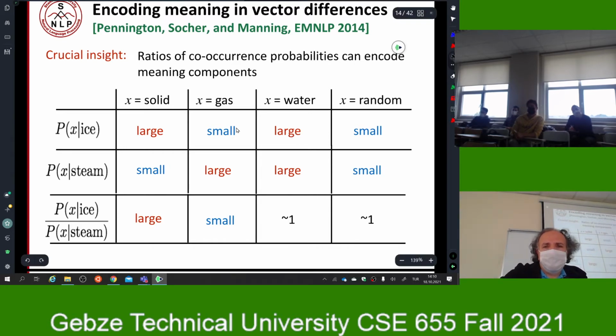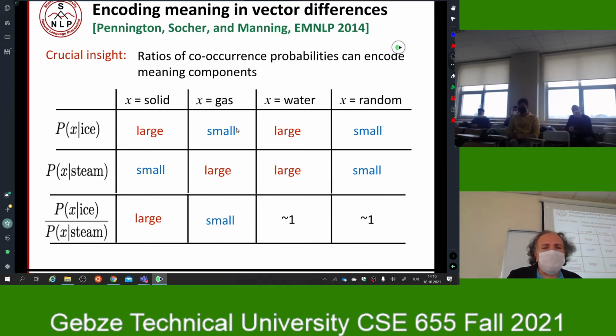It's large. And if I see ice, the probability of the word random around it is small. I am going to do the same thing with steam. If I see steam, seeing solid is small, but gas is large, water is large, and this one is small.